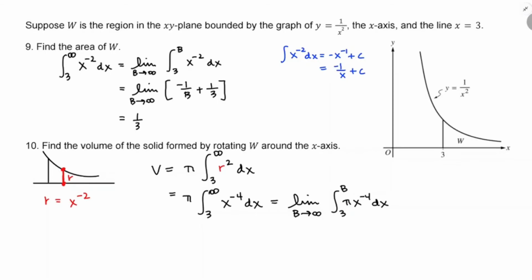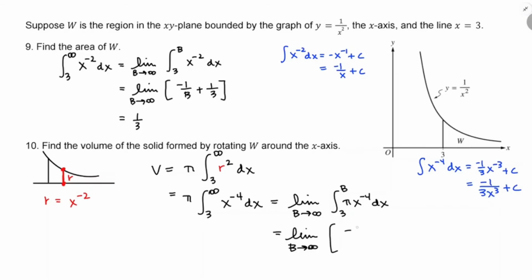All right. Antiderivative for x to the negative 4 is going to be negative 1/3 x to the negative 3. And I might call that negative 1 over 3x cubed. Okay, got my first limit, need my second limit.